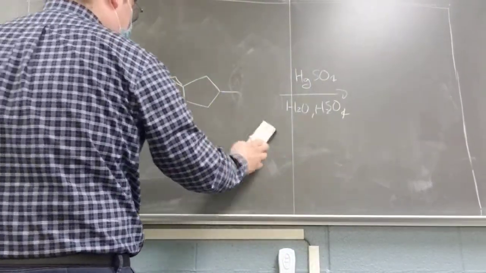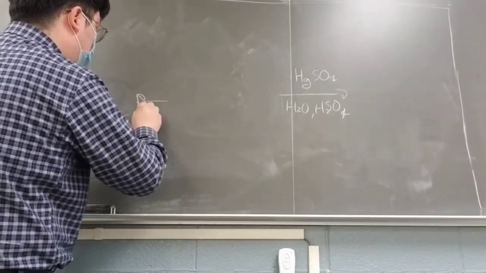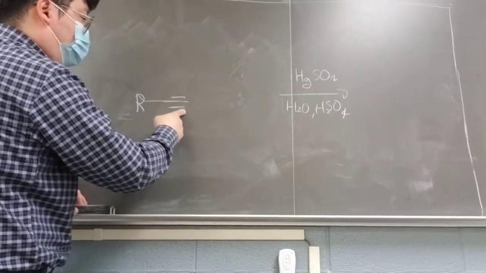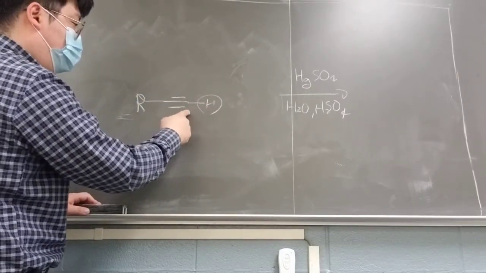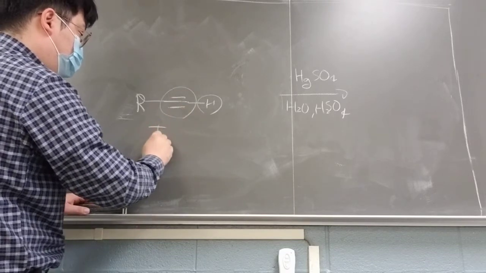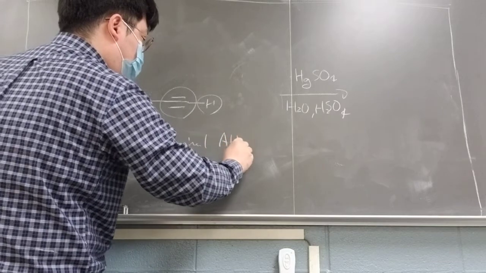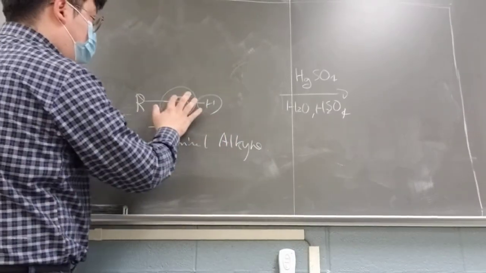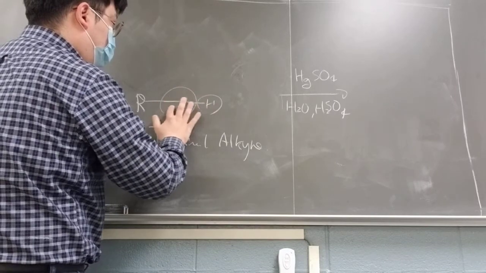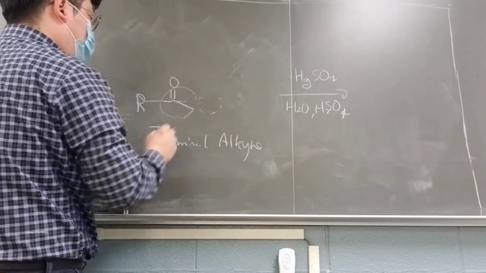So here's the trick. If you have some R group here and the terminal is hydrogen, this is the terminal alkyne. And the only thing you have to do is try to make it like a ketone here.